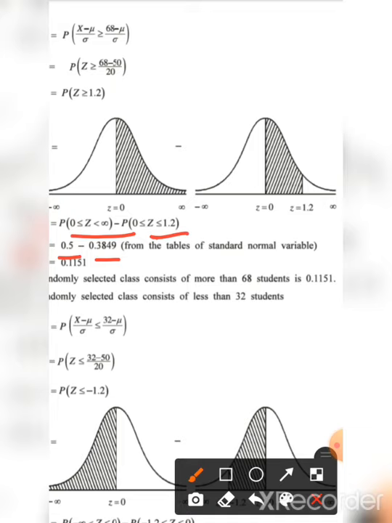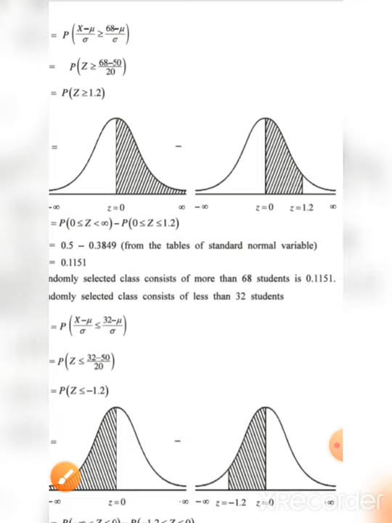And as you deduct it, you will get the answer 0.1151. So this is the probability that your normal distribution x assumes the value more than 68 students. That is the probability, or the area covered, 0.1151. That's how you are going to put up the diagram and the formula and the value with the help of the diagram. So that was the first part of question number 3.